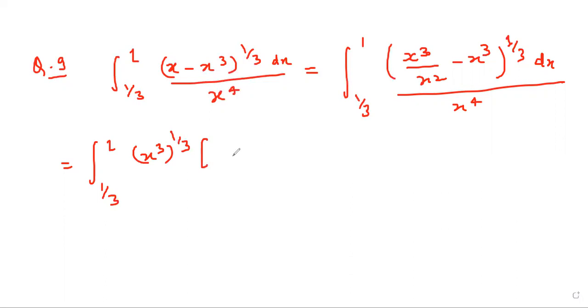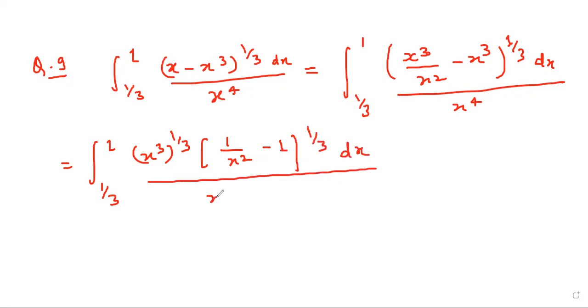Then inside the bracket, it will be 1 upon x square minus 1, whole power 1 by 3 dx divided by x power 4. Here, 3 will cancel out.